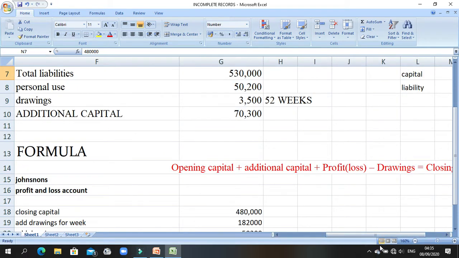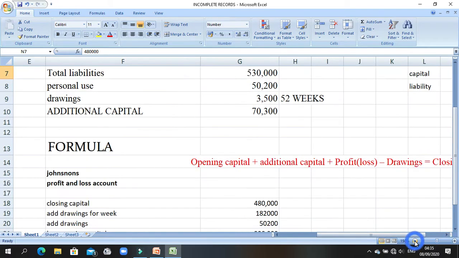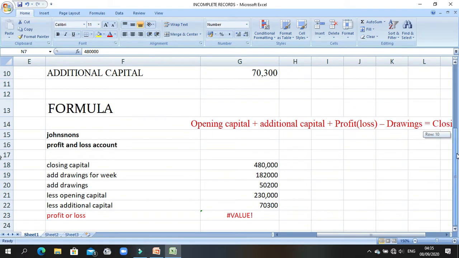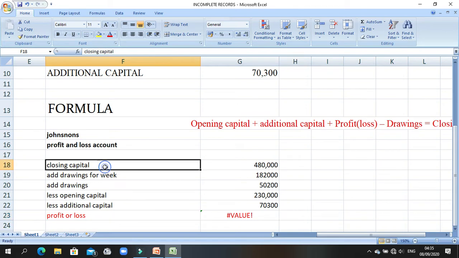So our solution will look like this, where the Johnson profit and loss account will look like this. You have the closing capital, which is the balancing figure from the balance sheet we made before, and also we have to add weekly drawings.